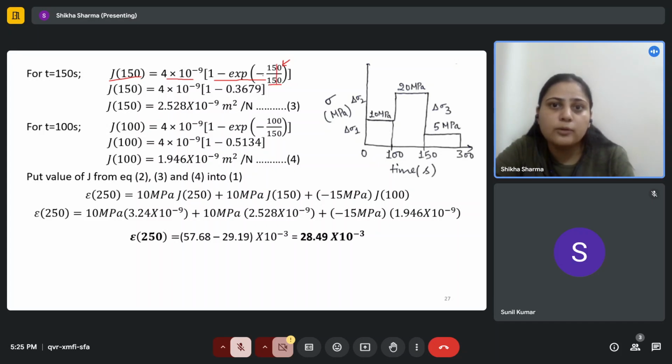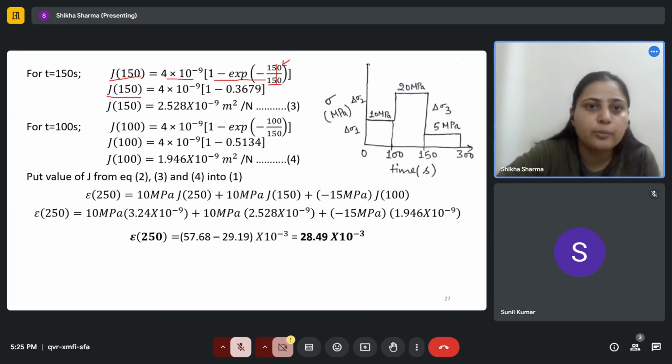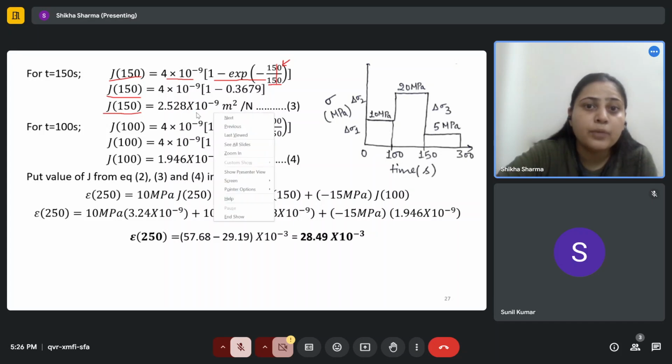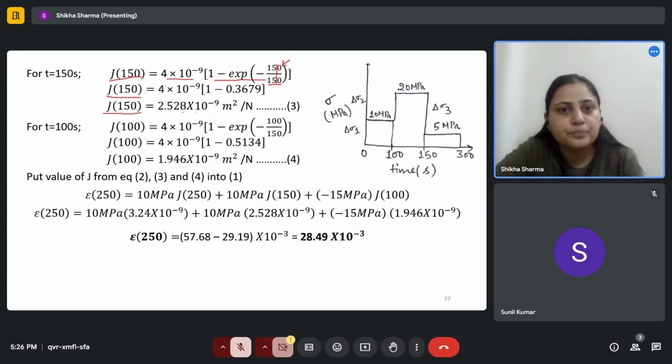It will be exponential minus 1, which is 0.3679. When we subtract it from 1 and multiply with 4 into 10 to the power minus 9, we get the creep compliance at 150 seconds equal to 2.528 into 10 to the power minus 9 meter square per Newton.